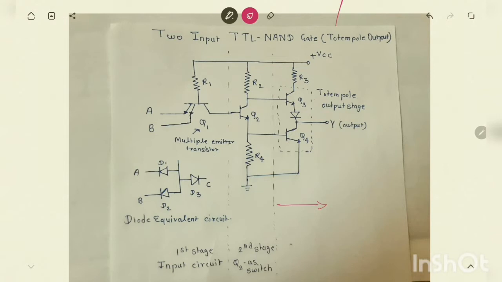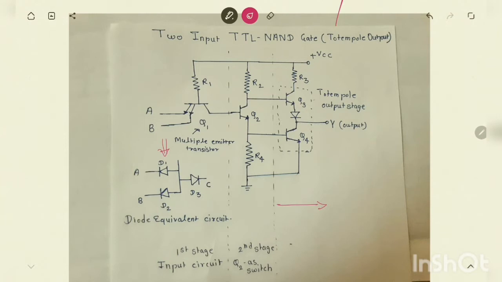Suppose we are considering the equivalent diagram of this multiple emitter transistor. The base and emitter junction, that is base and A, is represented by this diode D1.